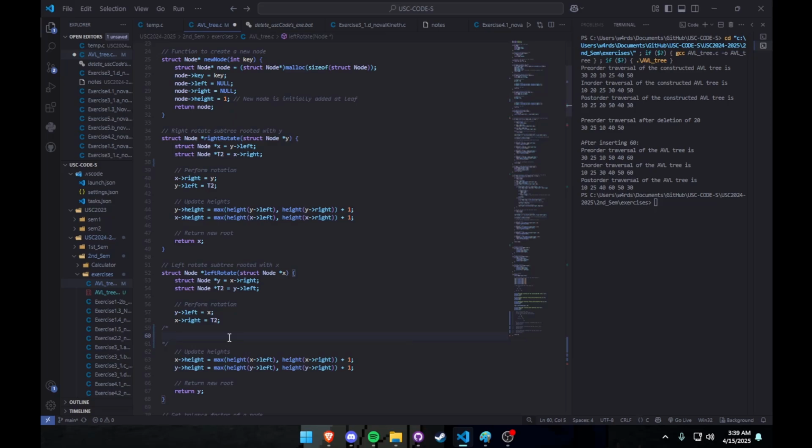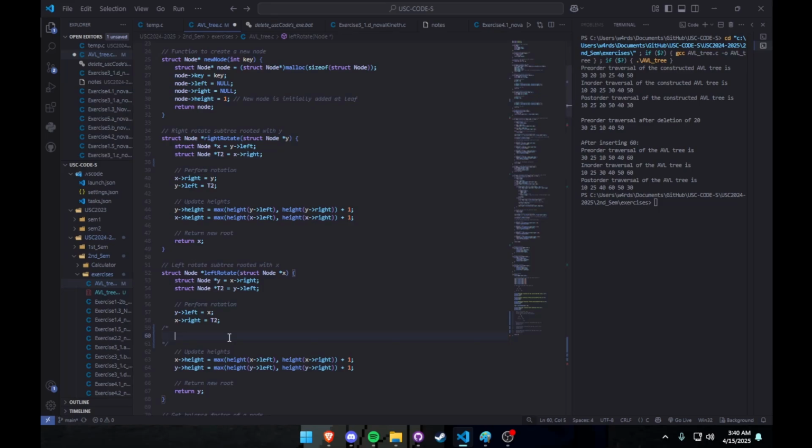Remember that this is the case when you turn to the left. It's usually because there's too many items towards the right, so then you rotate to the left so that it becomes balanced once again.